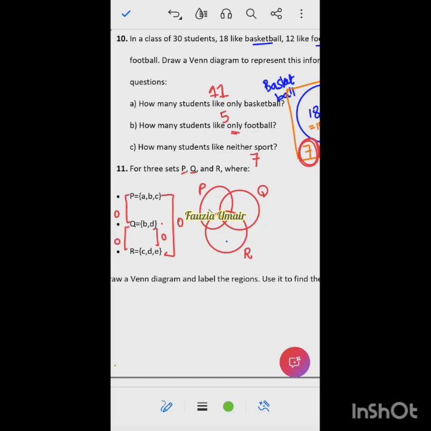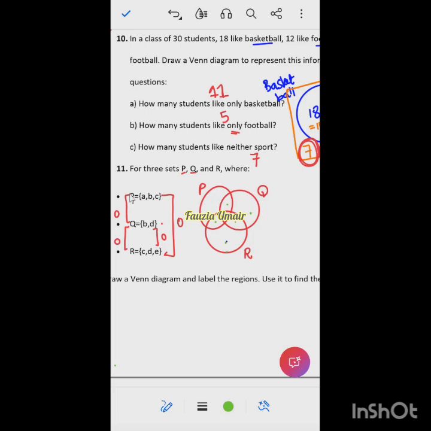So just look at this: 1, 2, 3, 4, 5, 6, and 7. So this is how fast sets are growing. If there are three sets, there are 7 regions. If there were 4 sets, there would be more regions. They are growing exponentially, very fast.